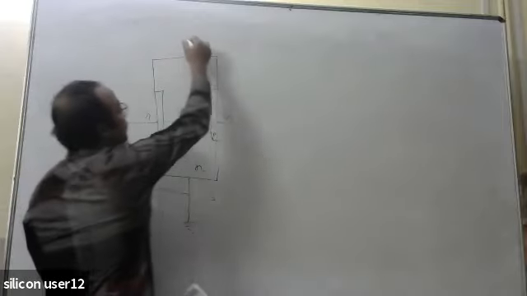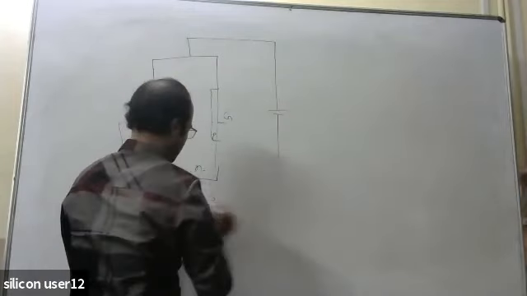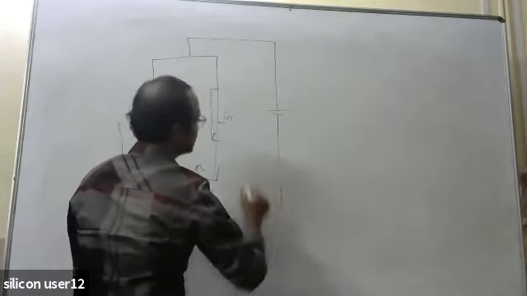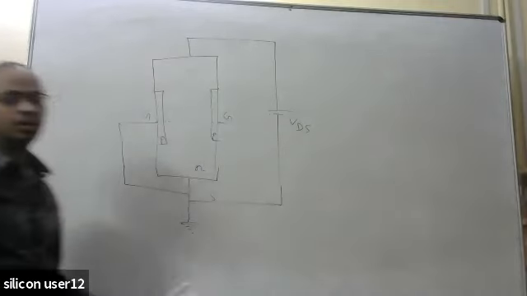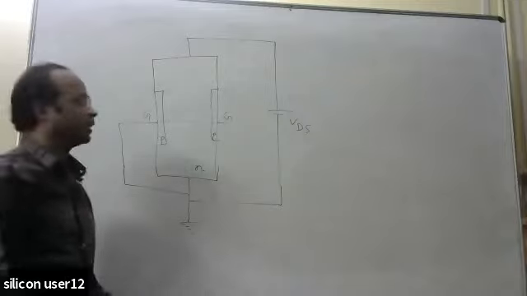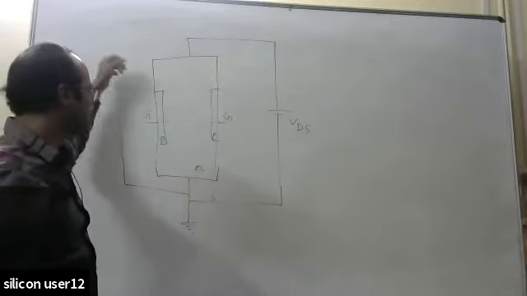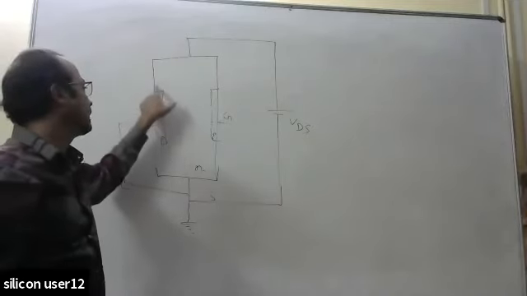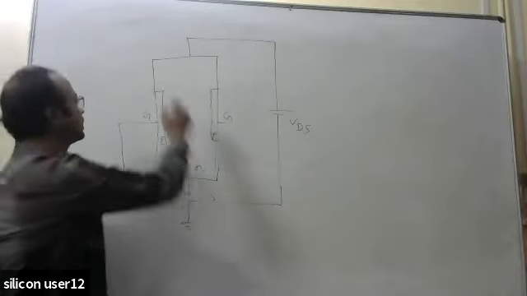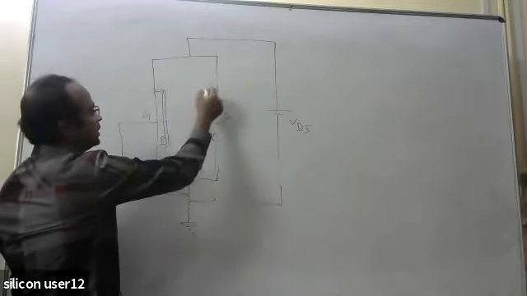And then we apply one voltage between drain and source, that is given by VDS. I have explained its working principle: initially, since this is P material and this is N material, a junction is created, a depletion region is created here like this.